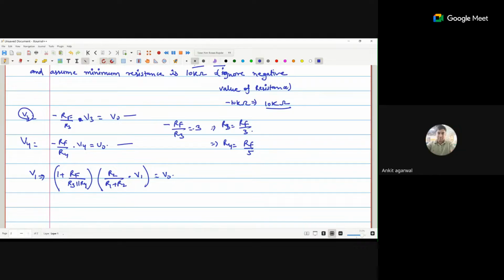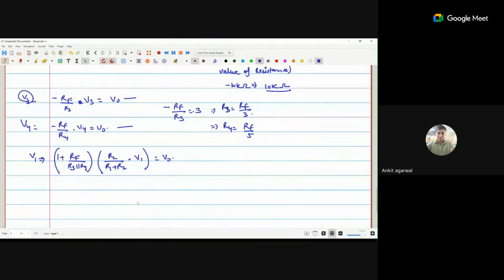If we equate this one, it is 6, so V1 and V1 cancel out. We can write R3 and R4 in terms of RF.